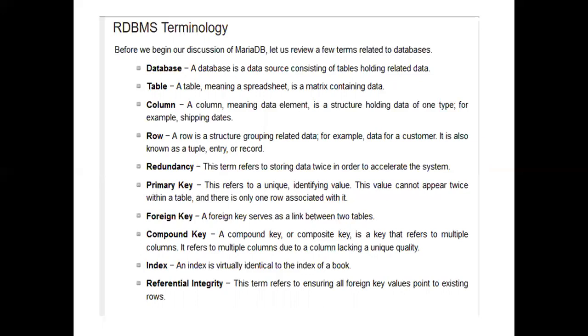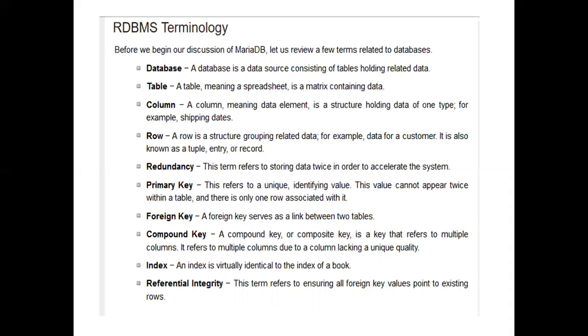One database supports multiple tables, and all these tables are related to each other. MariaDB keeps its data in multiple tables, and relates those tables with primary and foreign keys. It supports indexing as well. It supports referential integrity. This term refers to ensuring all foreign key values point to existing rows.